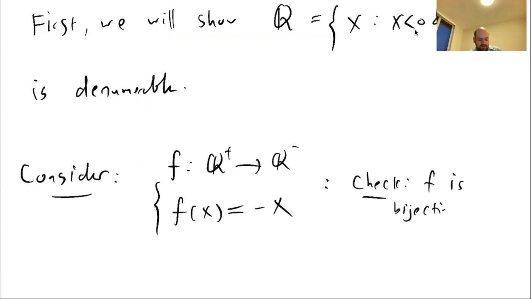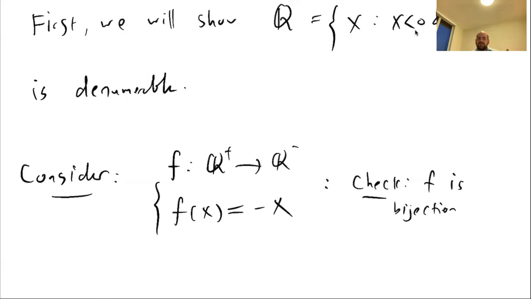One-to-one is very easy. f of a equals f of b means minus a equals minus b, and therefore a is equal to b. And it is also onto, because every negative rational number can be written as minus of a positive rational number.